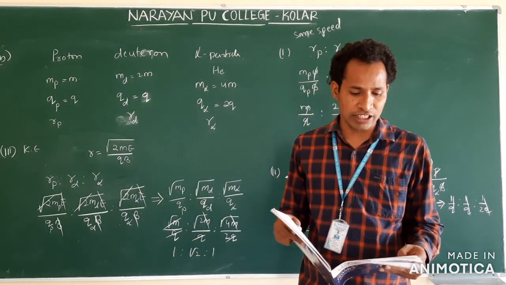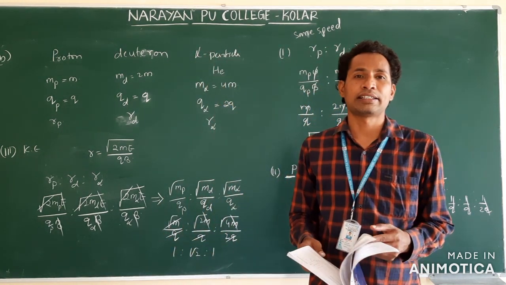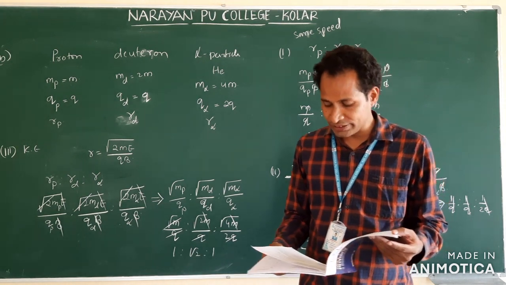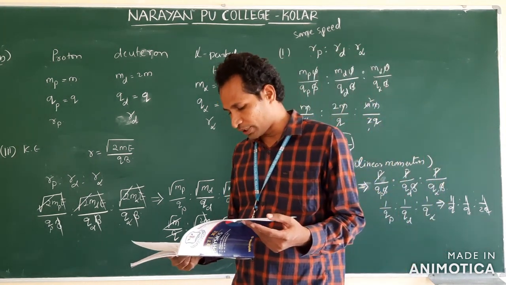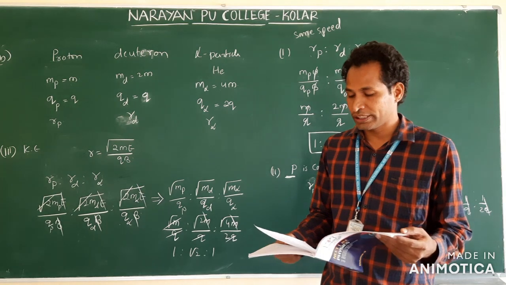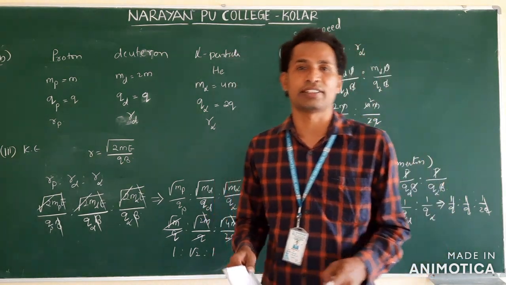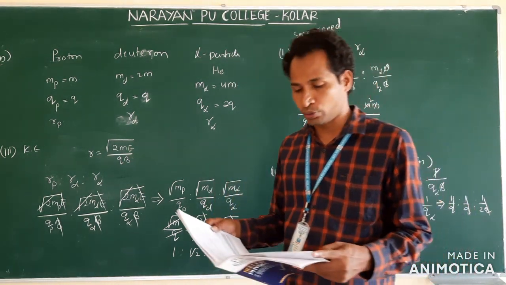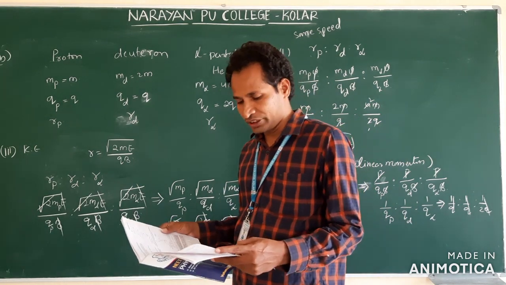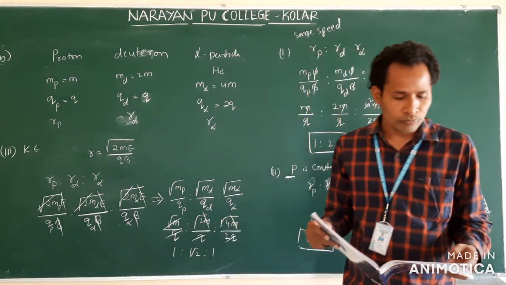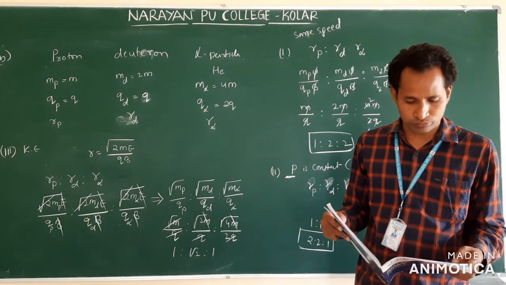If currents are in opposite directions, conductors repel each other. Remember this formula: F by L, force per unit length, mu naught I1 I2 by 2 pi d. Clear? And the definition also. Okay.